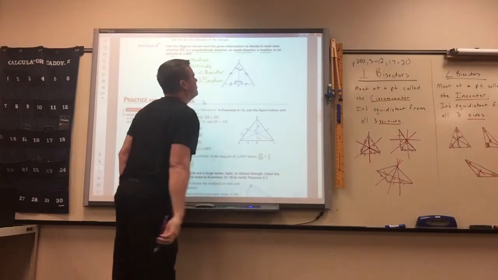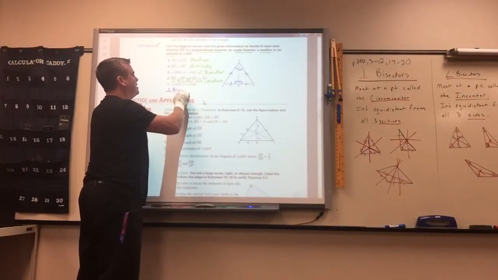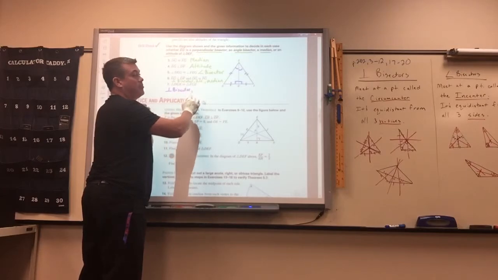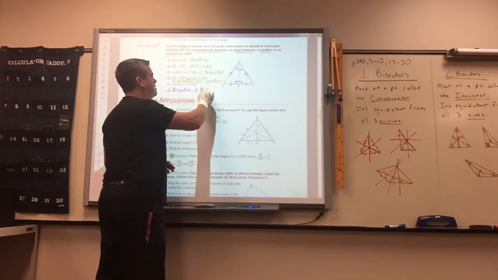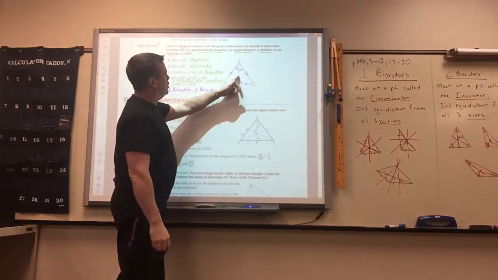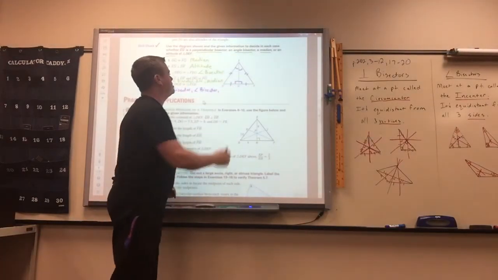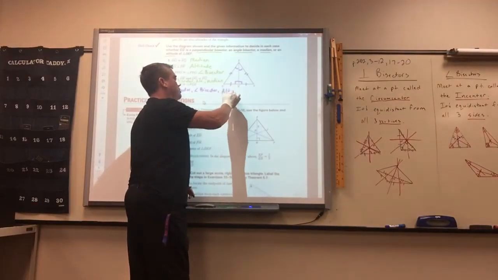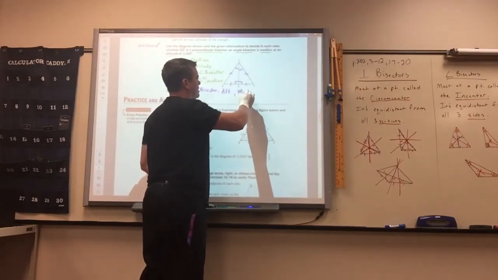So that one would be a perpendicular bisector. The angles are equal, so it's an angle bisector. It goes to the opposite vertex at a 90, so that means it's an altitude. And it goes from the midpoint to the opposite side, so that means it's a median.